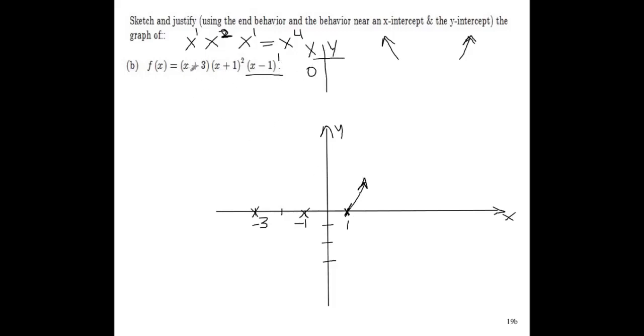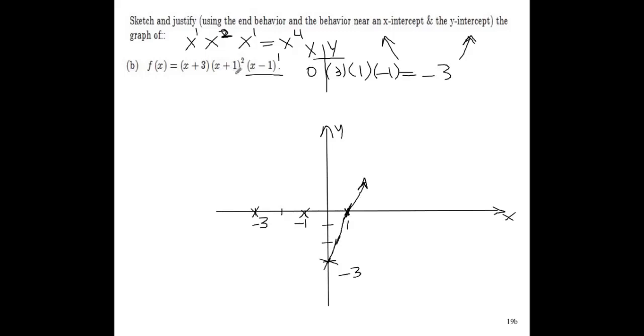If x equal to 0, you can see you get 3 times 1 times -1, so that would be -3. So my graph is going to pass through the point -3 on the y-axis, so this is going to be going up like that.